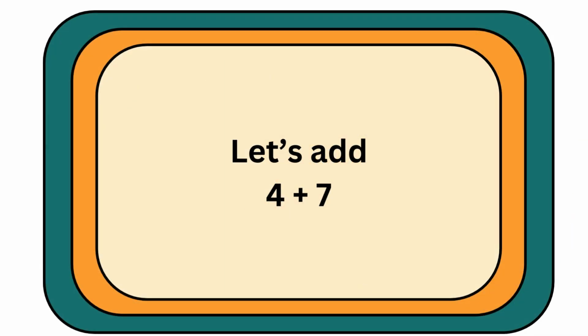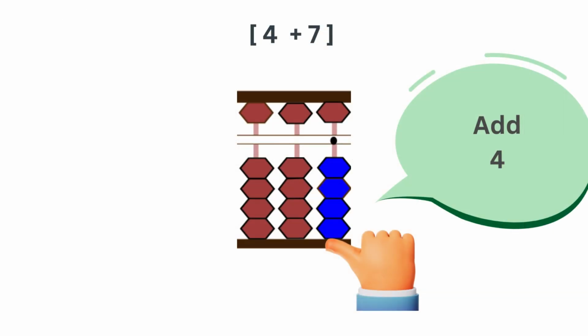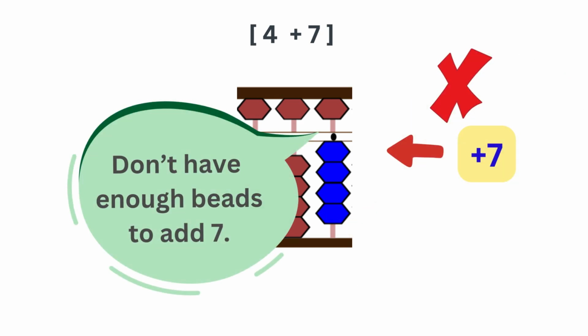Let's try adding 4 plus 7 together. First, place 4 in the ones place column. When we try to add 7 in the same column, we realize there aren't enough beads in the ones column to add 7.